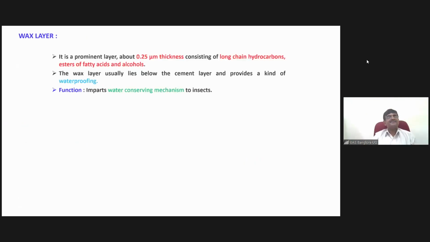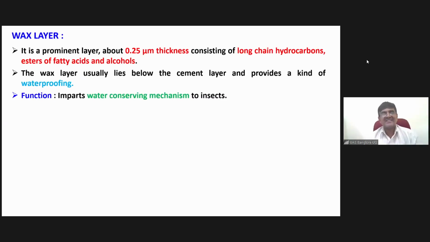The next layer is the wax layer. It is a prominent layer measuring around 0.25 micron in thickness, and it is made up of long chain hydrocarbons, esters of fatty acids, and alcohols.